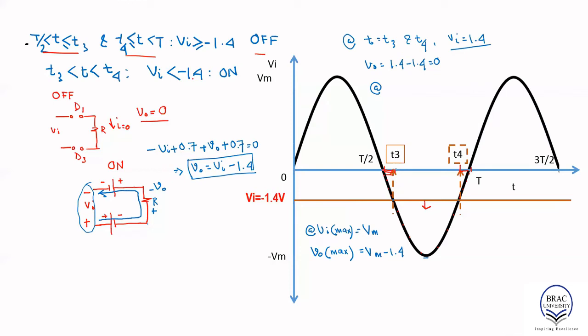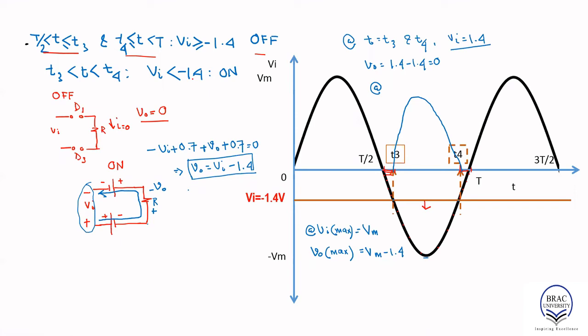So that means when I draw it, we get this. So that means whether you select the positive half cycle or the negative half cycle, the output is always in the positive direction.